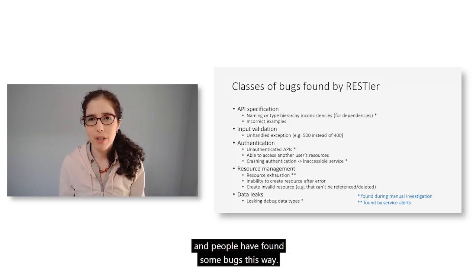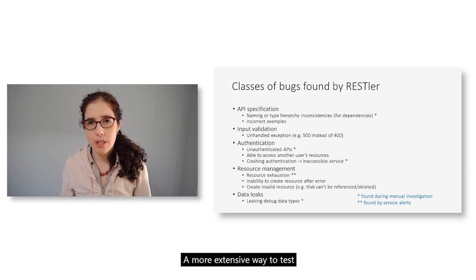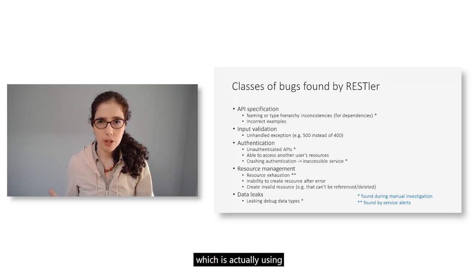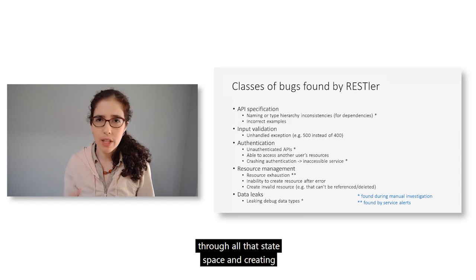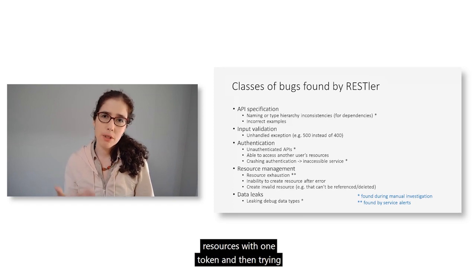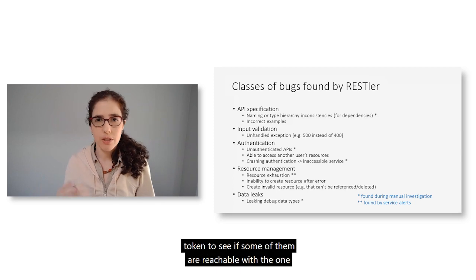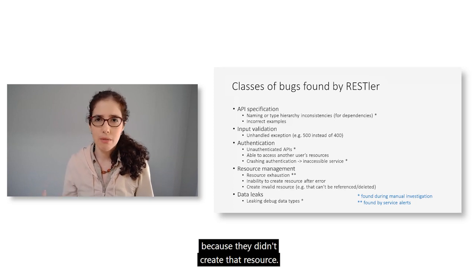And people have found some bugs this way. A more extensive way to test authentication is through the namespace checker, which is actually using 2 different tokens and going through all of that state space and creating resources with 1 token and then trying to access them with the other token to see if some of them are reachable with the one that shouldn't be authorized because they didn't create that resource.